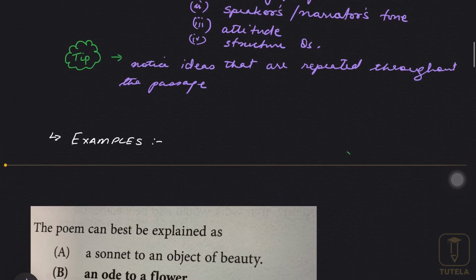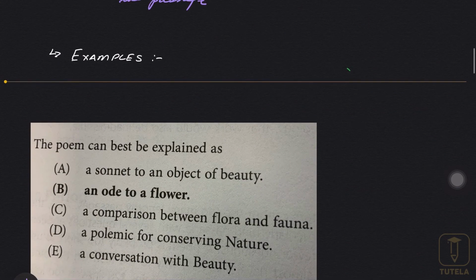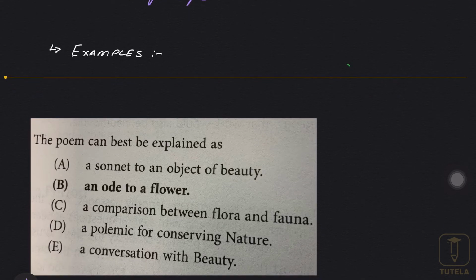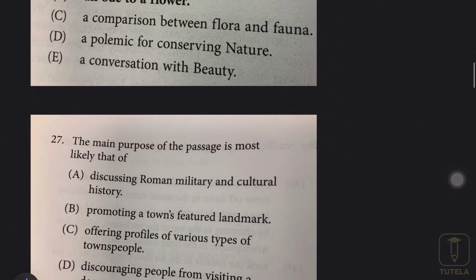This is a typical example of the type of question that you will find in the main idea question set. So questions can be termed as a poem can best be explained as. So if you do not understand and comprehend what kind of a poem it is and what the poem is trying to actually present or portray, answering such questions will not be very easy.